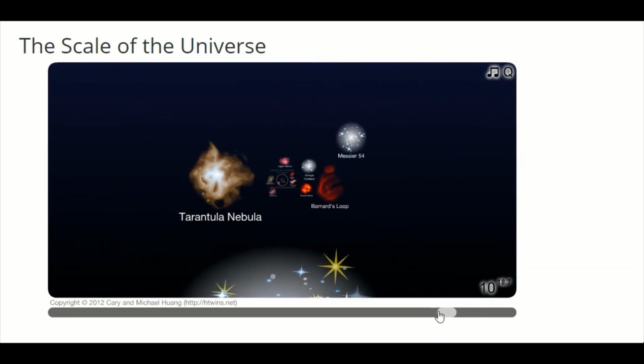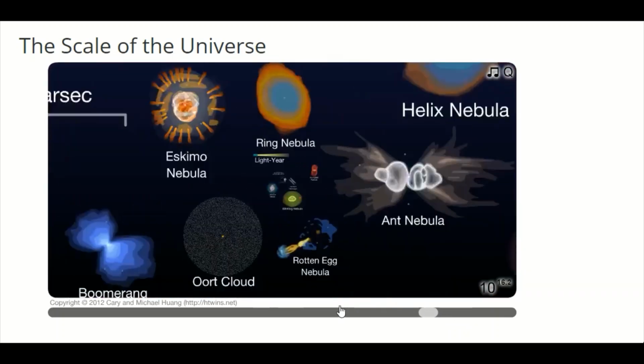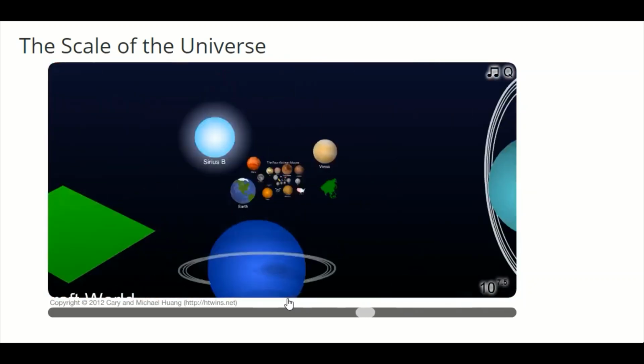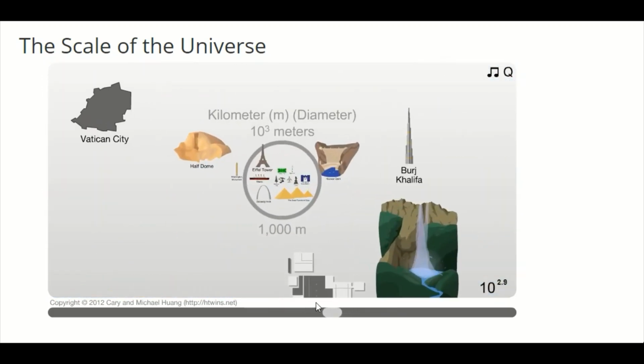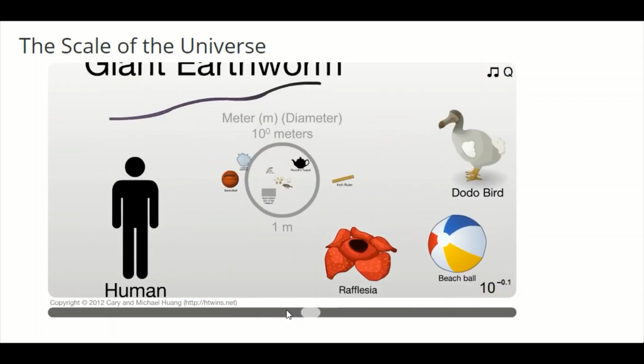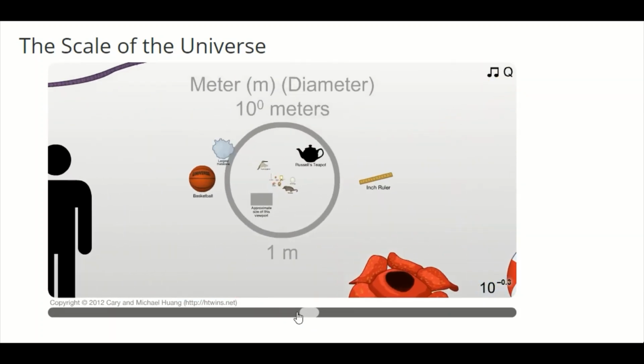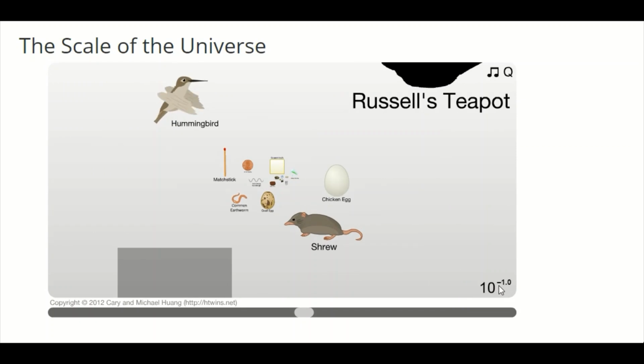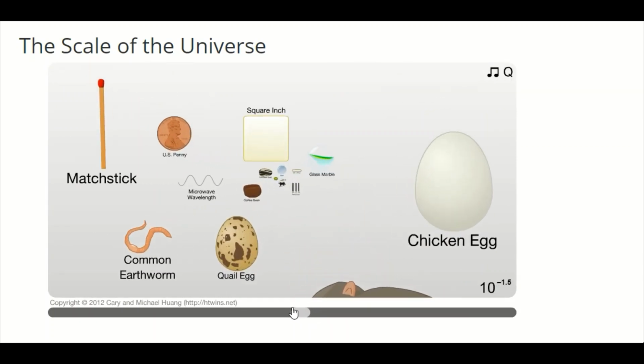On the other hand, we can go back in the other direction. So if I take us back to getting into things we might recognise and human size, and then if we keep going, you'll notice the powers of 10 are negative here. We start getting towards smaller things.